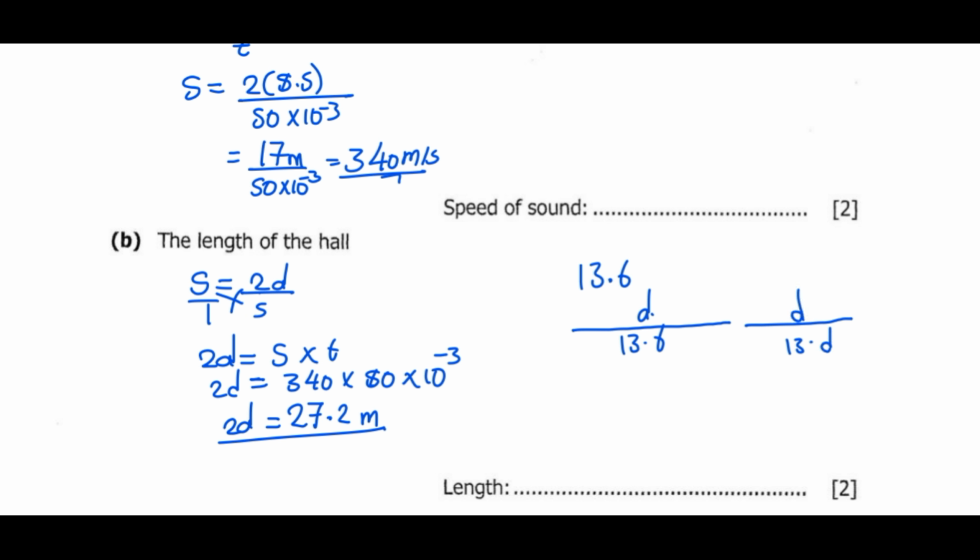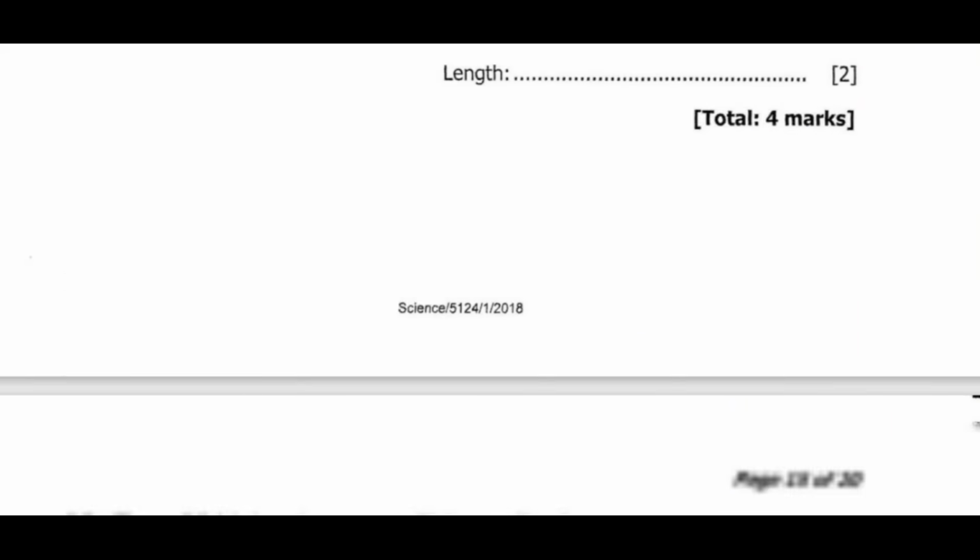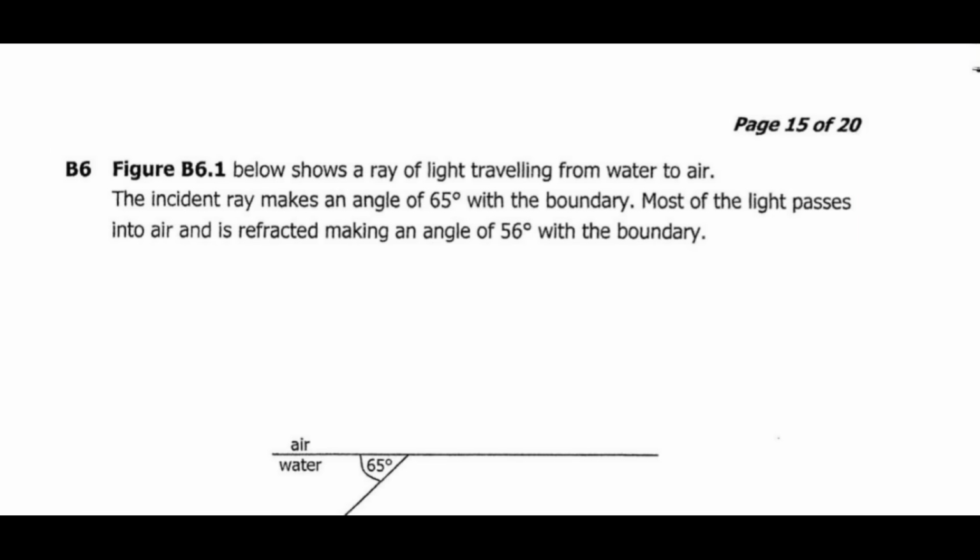We'll say this d. So if we do algebra, we'll know that d plus d is equal to 2d. So 13.6 plus 13.6 is equal to 27.2, which is 2d. We move on to the next question.